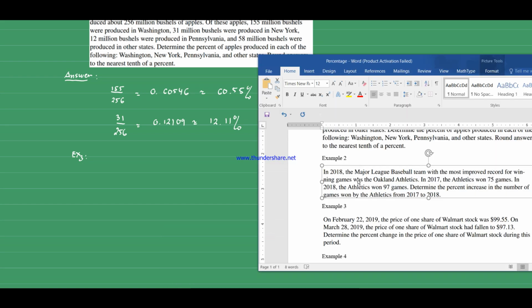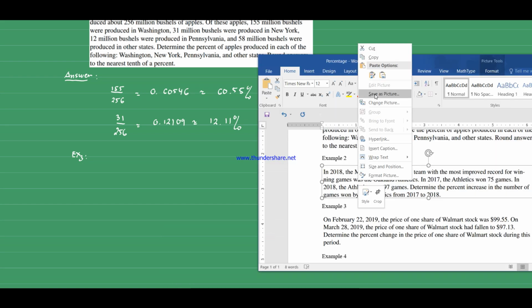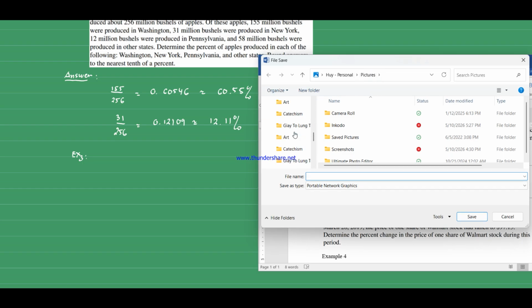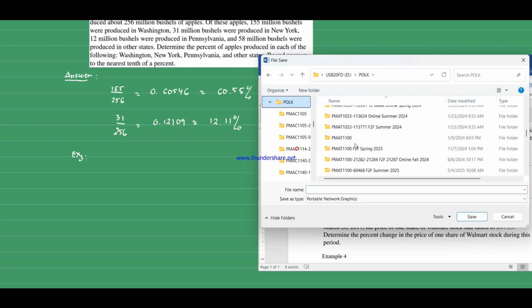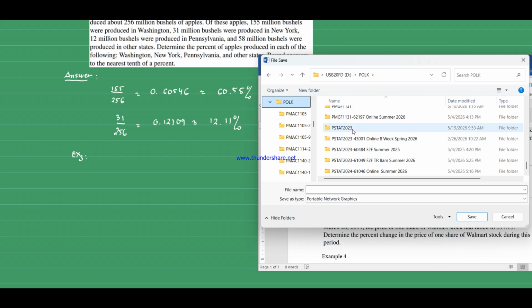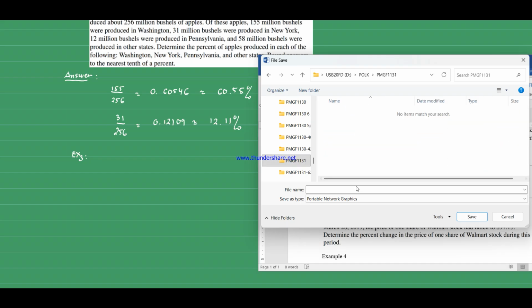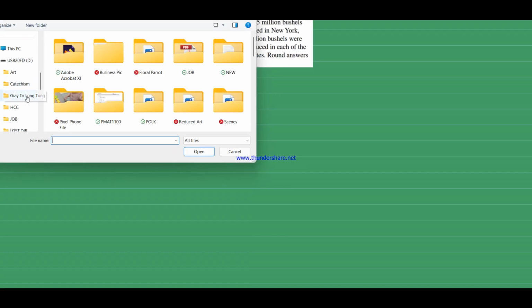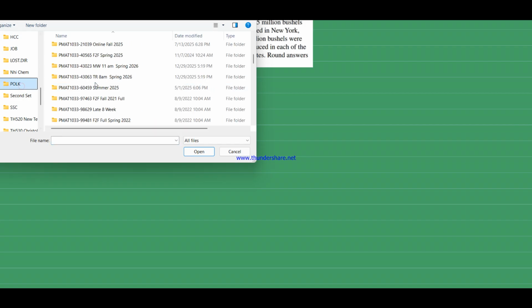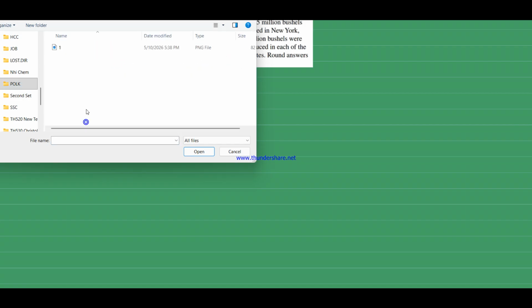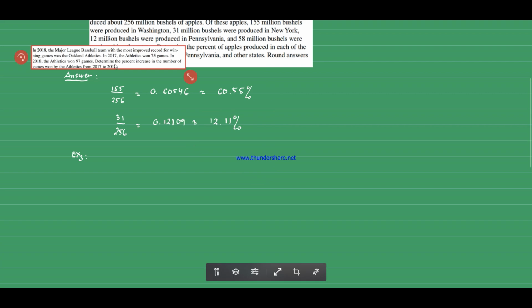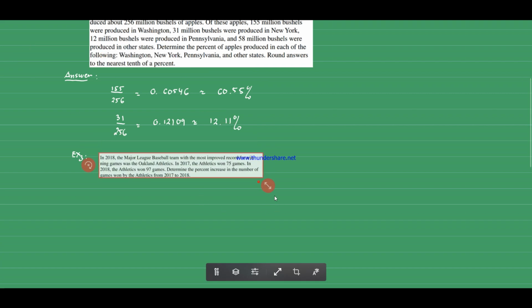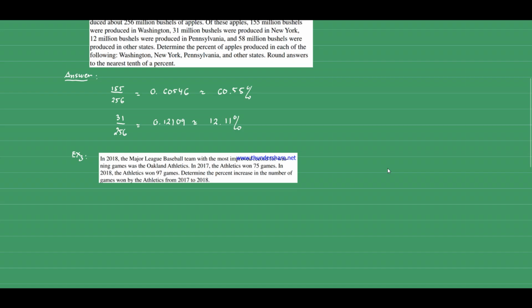It looks like we have to save it as a picture before we can do anything. Yeah, it's kind of annoying, but it takes time. But we get there. See that? Okay, let's do this one.